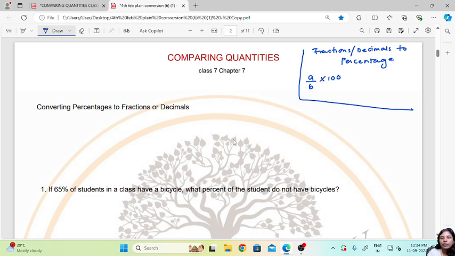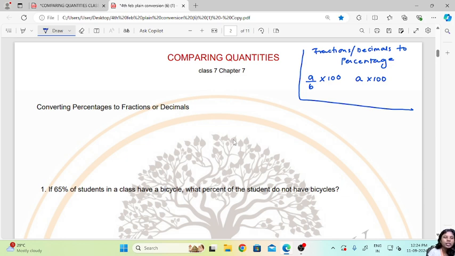And if you have a as the decimal, then again you have to multiply it by 100. So these were the two things we saw in the last class: for fractions or decimals to percentage, you have to multiply by 100.